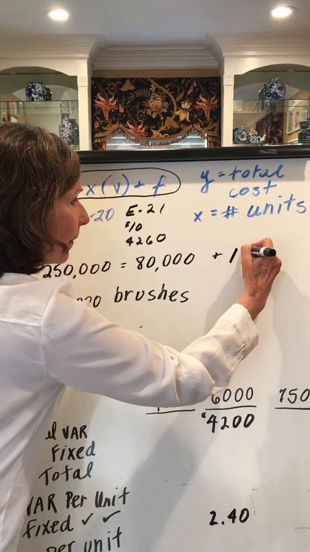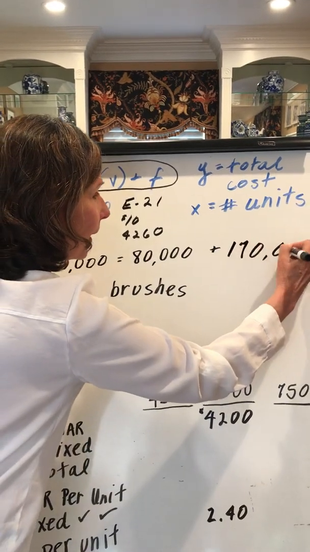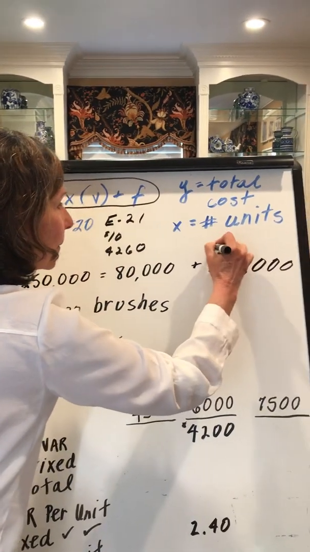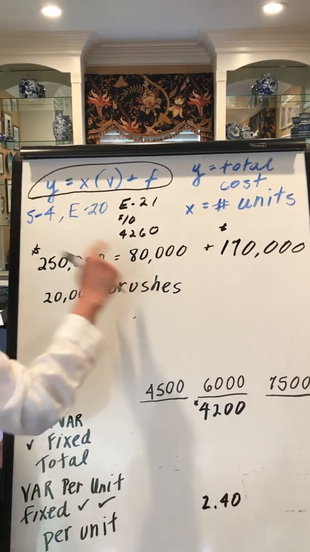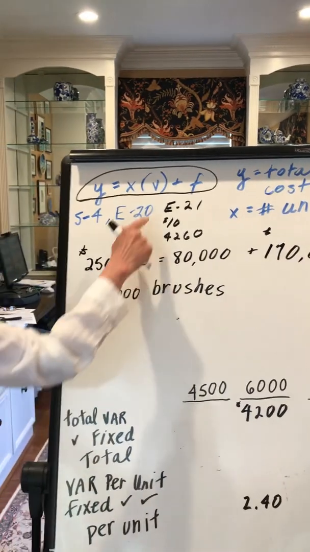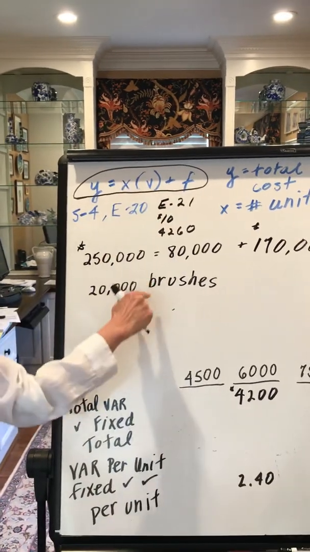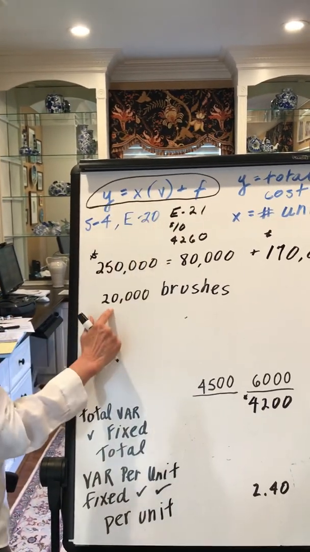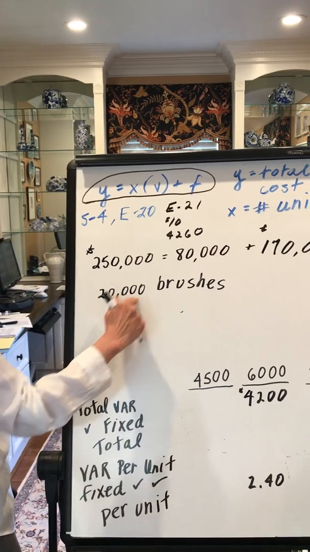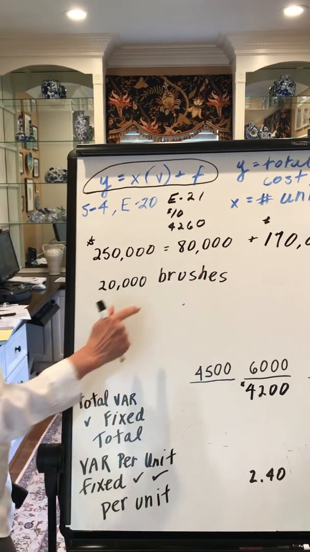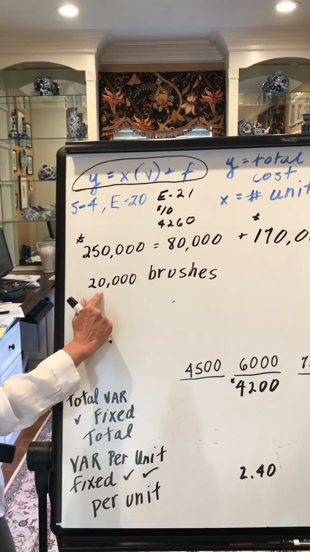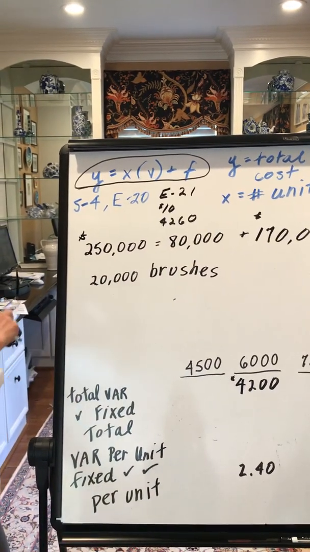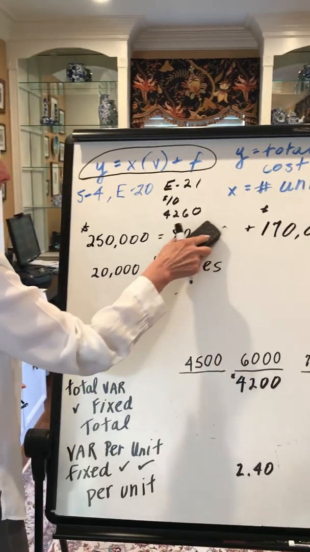Now we know that the fixed costs are $170,000. Here's the other question: what is the variable cost per unit? We know that they're making 20,000 brushes and it costs them $80,000. So 80,000 divided by 20,000 is $4 a unit.